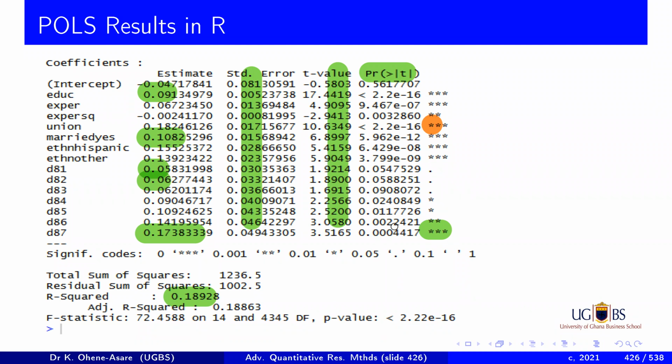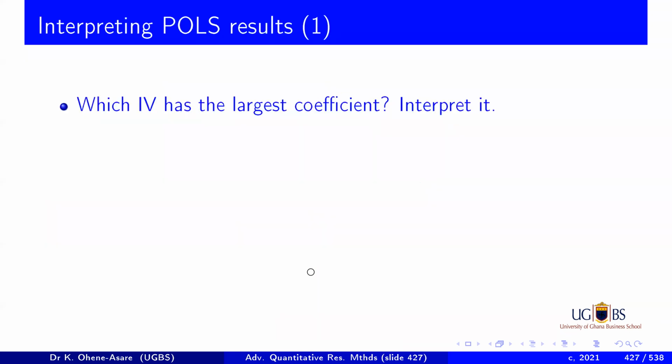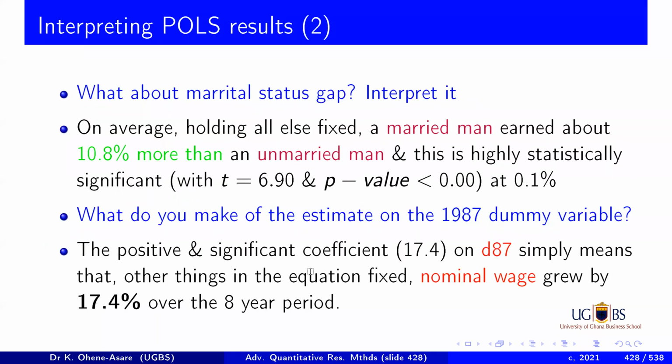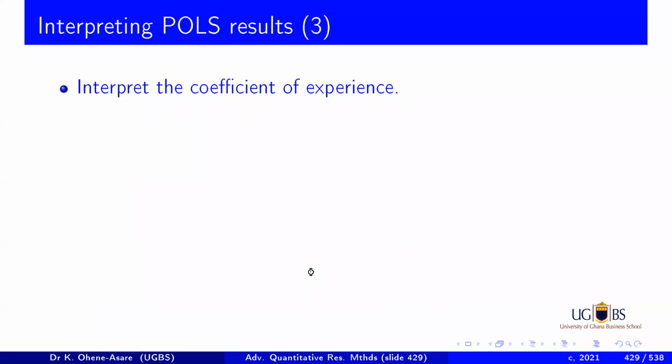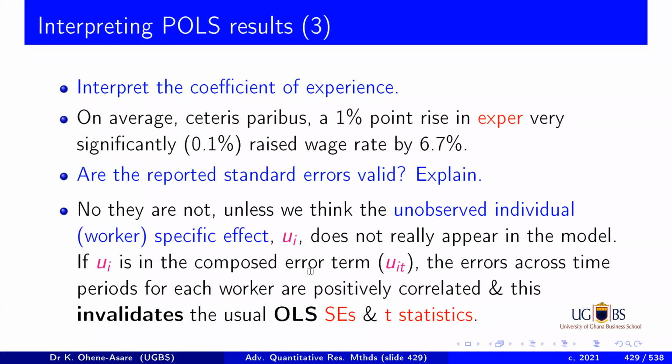So because of that, we say that the coefficients are jointly significant. You can see that we've been able to make sense of everything in this information here, and all of them will go into your write-up in your thesis or paper. But of course, we've already made a point that there is a problem with this.